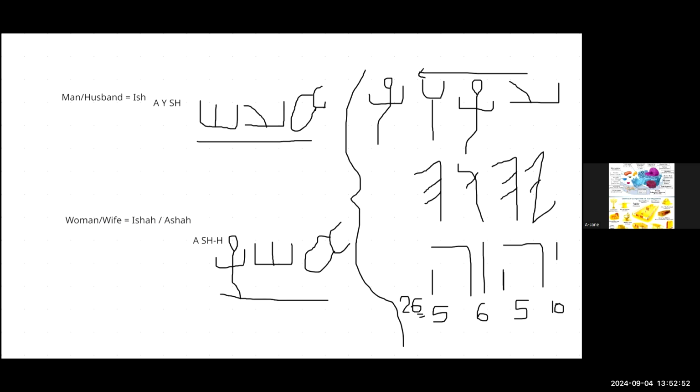And what you should be able to notice is that looking at the husband here, we have this arm, the right arm, this extended arm. And I'm going to write this here.